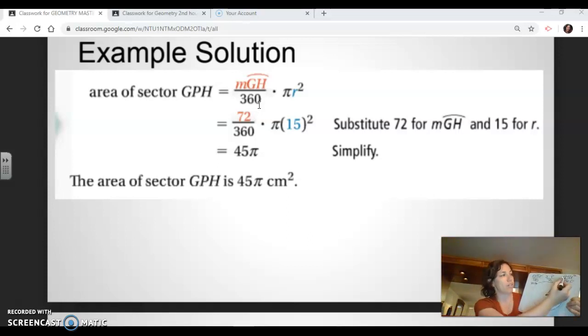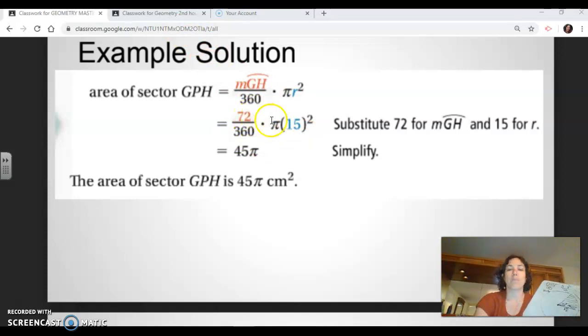You would have whatever the angle is times pi r squared, which is the area of the circle, and then divide that by 360. So you're basically taking the area of the circle and multiplying it by the fraction of the circle that you're figuring out. When you're putting this into a calculator, it's important that you use parentheses or you do it in parts. Multiply everything and then push enter and then divide everything, and that'll make room for less mistakes.